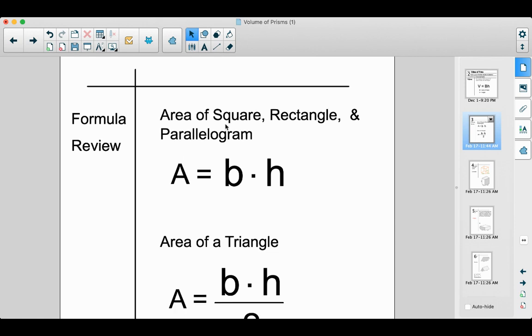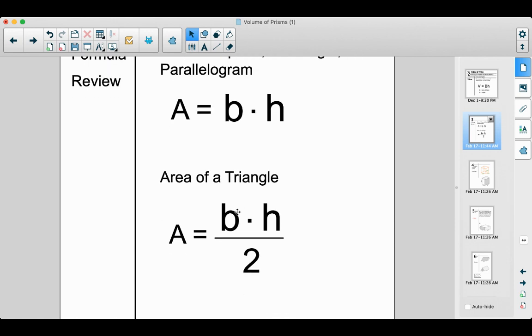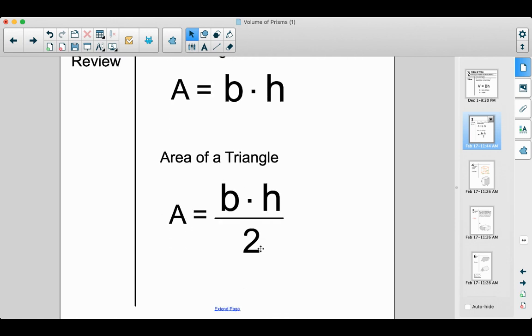So if we review, if it's a square, rectangle, or parallelogram, base times height is how we find the area of the base. If it's a triangle, we do base times height divided by 2. If it's a circle, I didn't write that one down, but remember, circle is pi r squared. So I'll add that to our list.